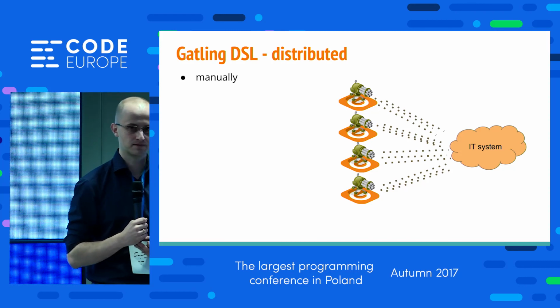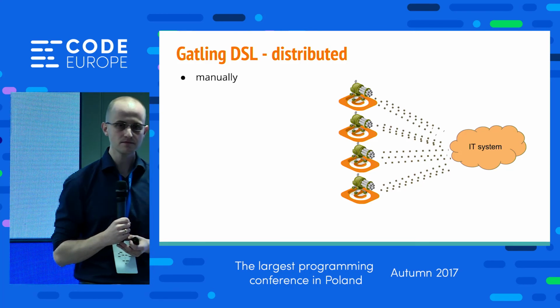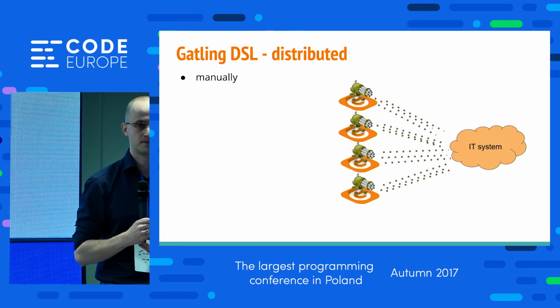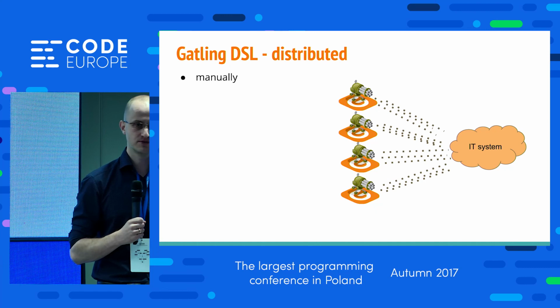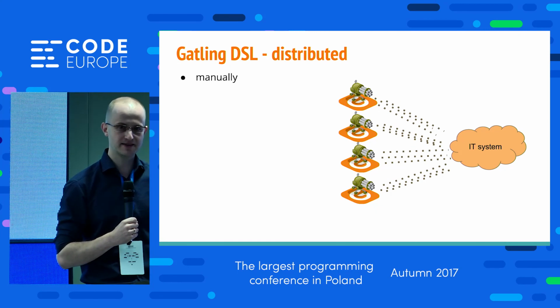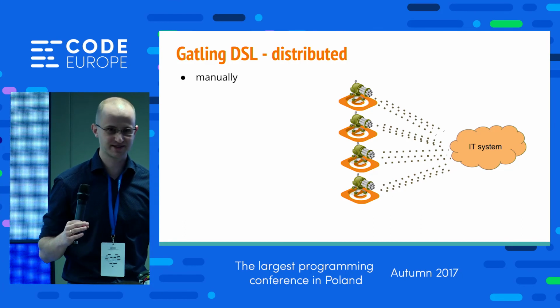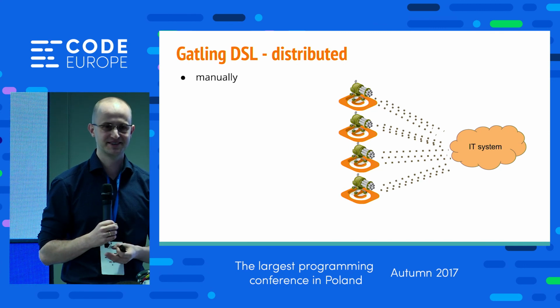What is the biggest problem with including the test in your pipeline, given that you already wrote the test and you have it? What is the problem here? Actually, it's not a problem. It's just a matter of money, because you need to start some nodes for tests. For example, 4 nodes just for Gatling, and then you need to start the whole infrastructure. In my case, it's 16 servers, which is quite problematic and costly.